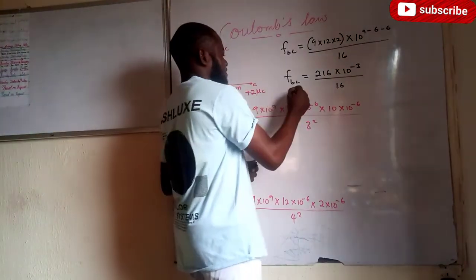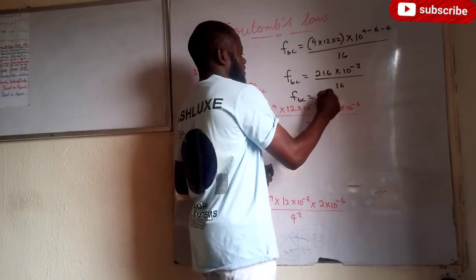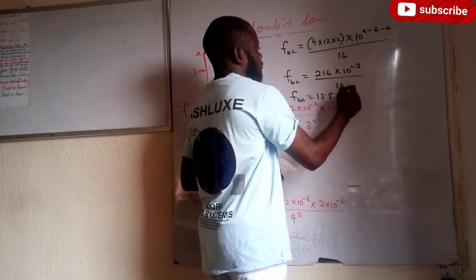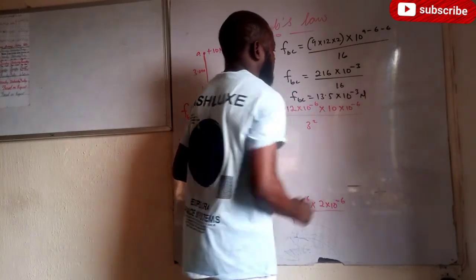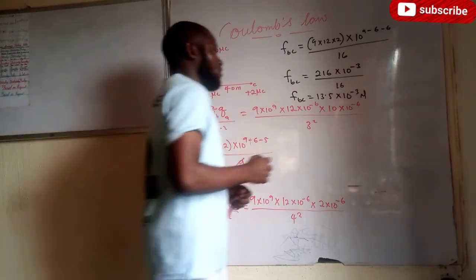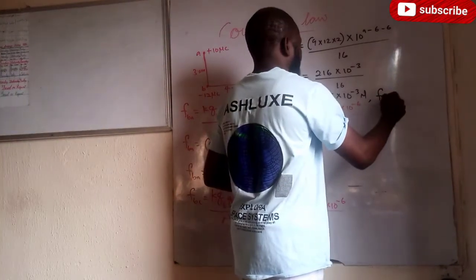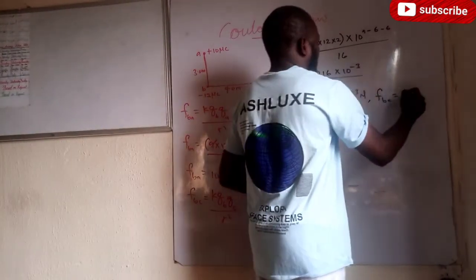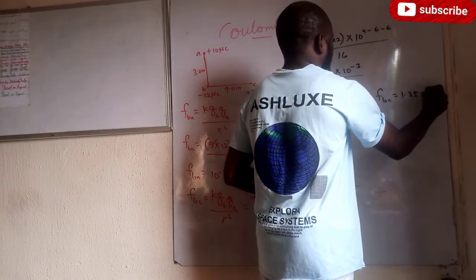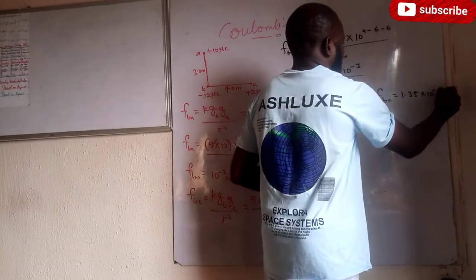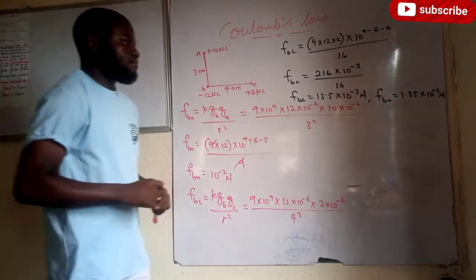So we have that FBC is 13.5 times 10 to the power of minus 3 Newton. In other words, FBC equals 1.35 times 10 to the power of minus 2 Newton. Okay?